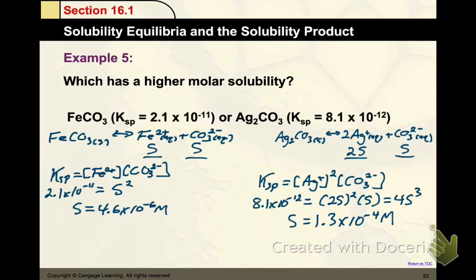So which one's more soluble? This is a larger value, so the silver carbonate is more soluble, has a higher molar solubility than the FeCO3, even though its KSP is slightly lower than that of the FeCO3. The ratios of the ions make a difference here.